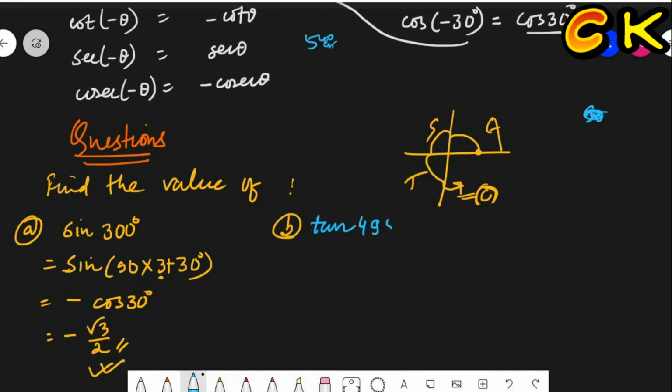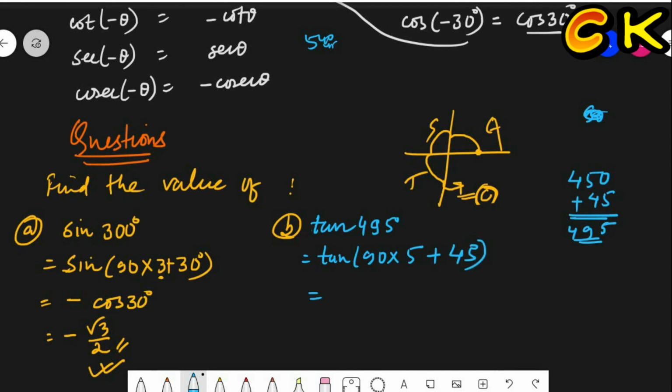Now let's see the next question. Find the value of tan 495 degree. So let's simplify it. Tan of 90 into, I guess, 5. 90 into 5 plus 45, since 9 fives are 45. So 450 plus 45, I think. Yes, so it is 495. So 495 means 90 into 5 plus 45 degree.